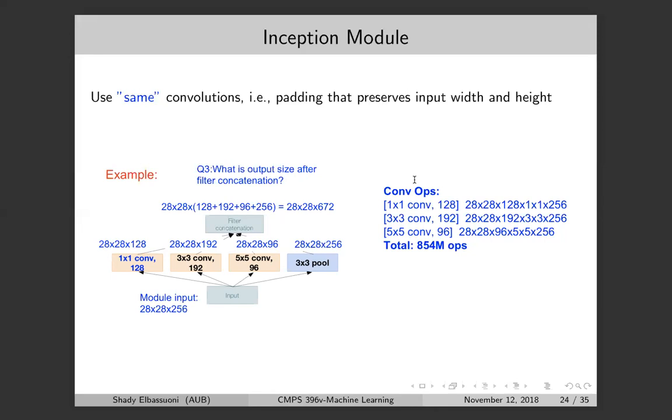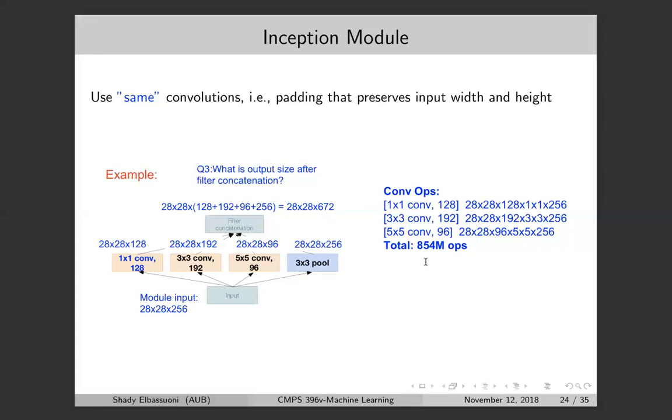Remember, the convolution is a cube, or it extends to the depth of the input. So I have 28 times 28 times 128 of them. That's the number of operations for this one. For the second, it's 28 by 28 by 192 times 3 by 3 times 256. And for this one, it's 28 by 28 by 96 times 5 by 5 by 256, again because it extends to the depth of the input.